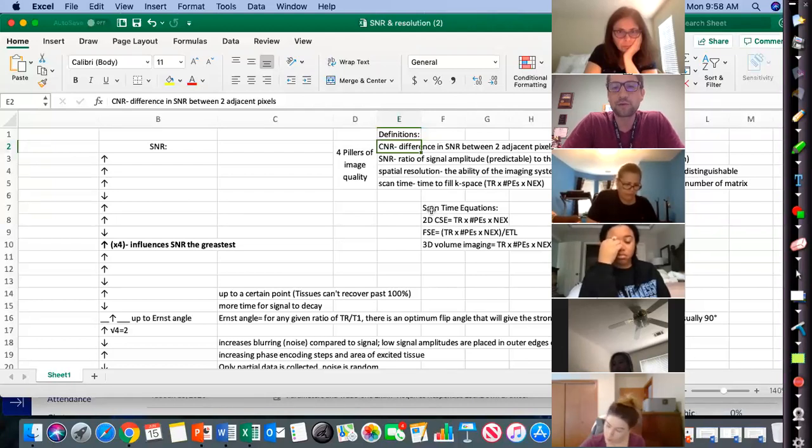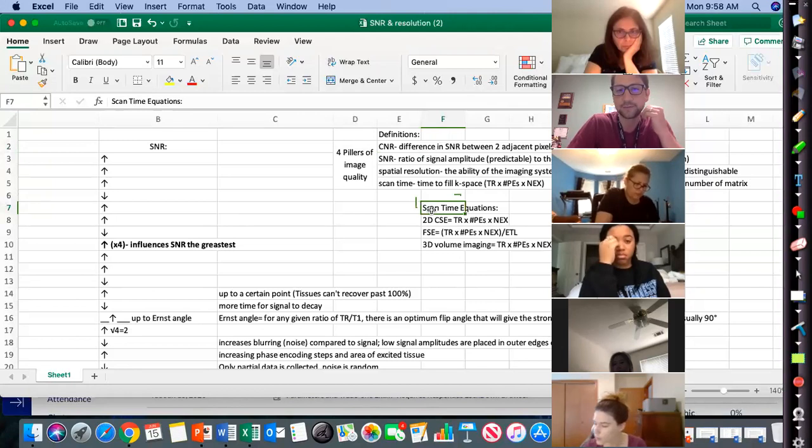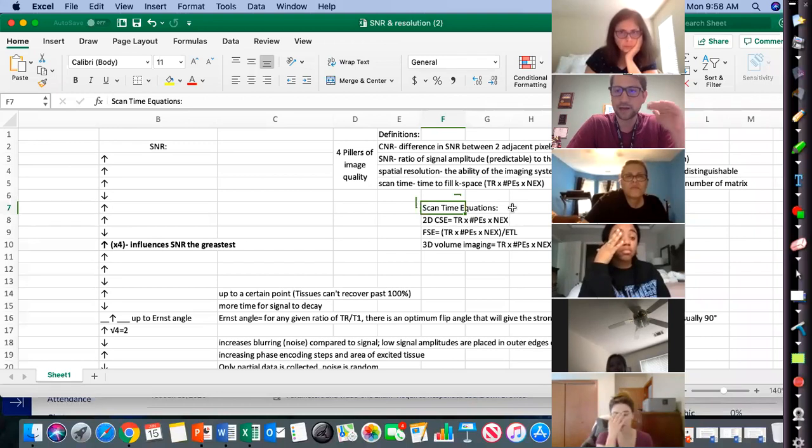We have three equations to solve for scan time. The first one is what we call a 2D conventional spin echo scan time. And that is TR times phase encoding steps times NEX. So basically the time to fill K-space because we're not doing multiple slices.